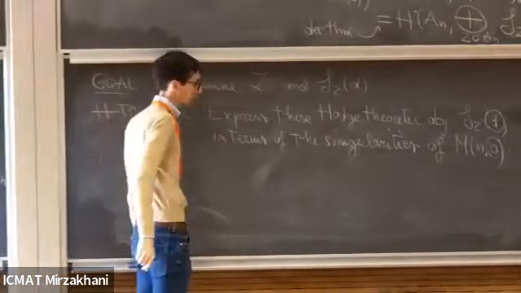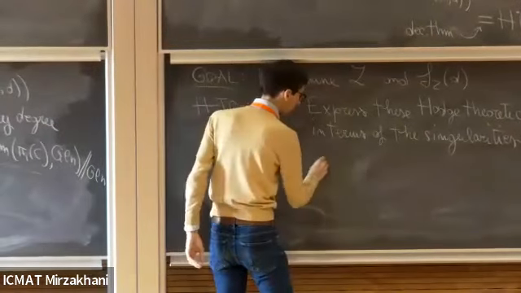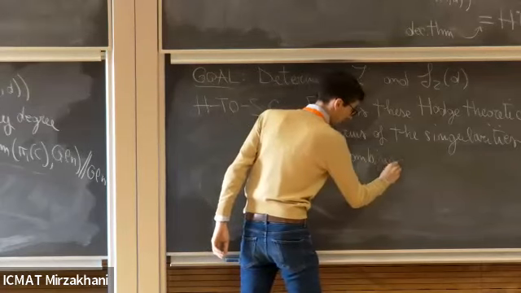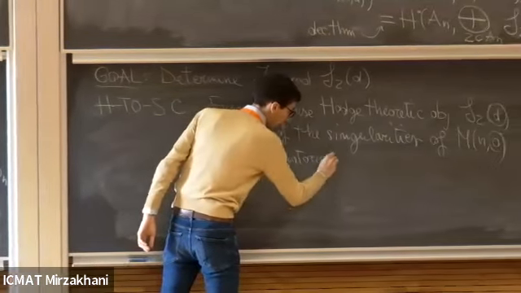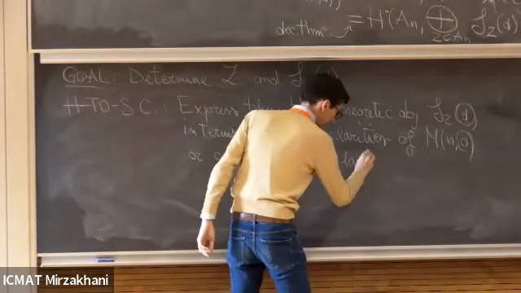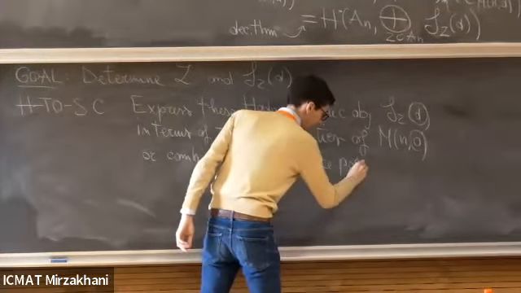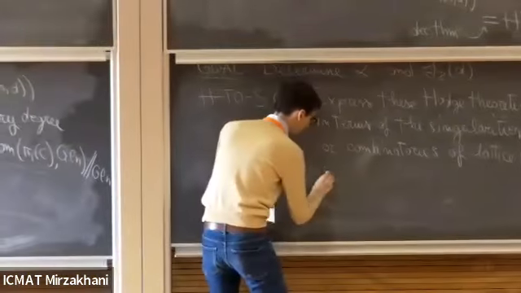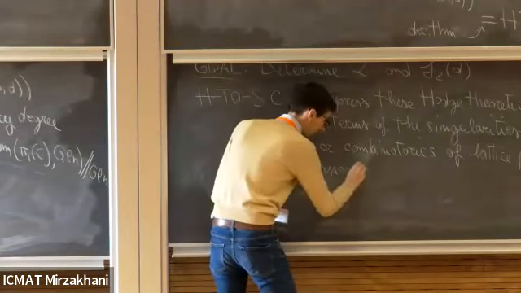That's quite strange. Or in terms of the combinatorics of the lattice polytope associated to the compactified Jacobian. I will explain later.